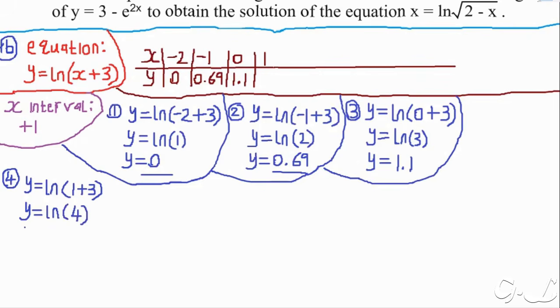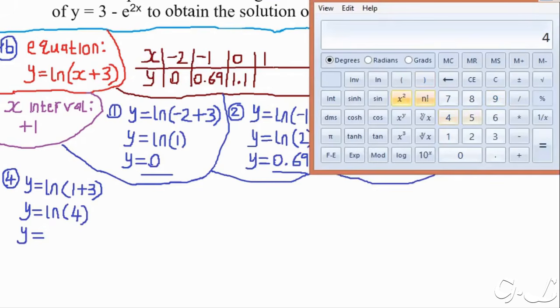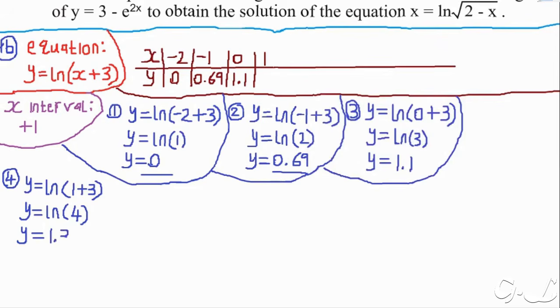So it is natural log of 4. When you use your calculator, it will give you the value of 1.39 when you round it off. So that is the y coordinate.